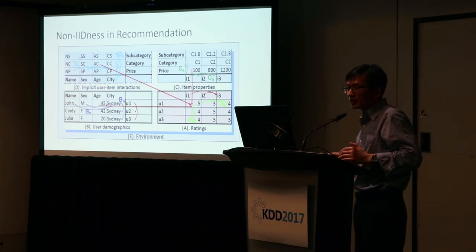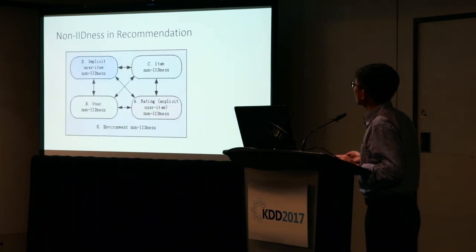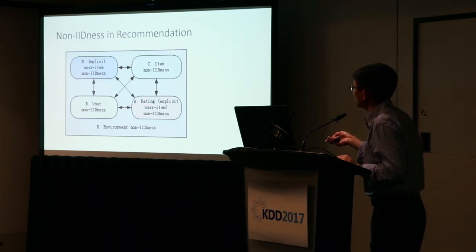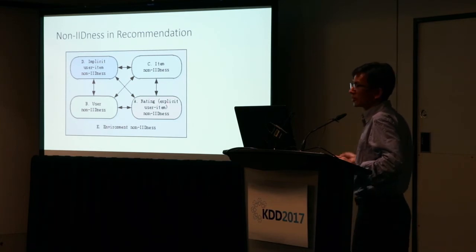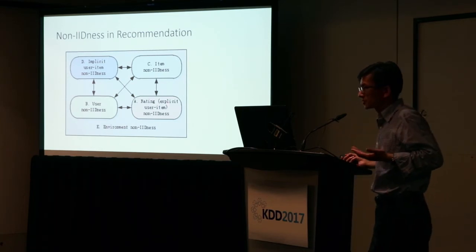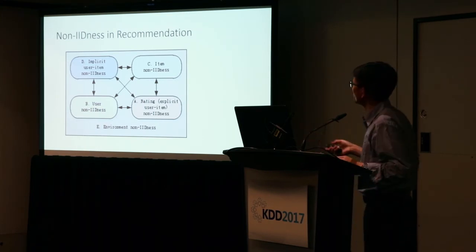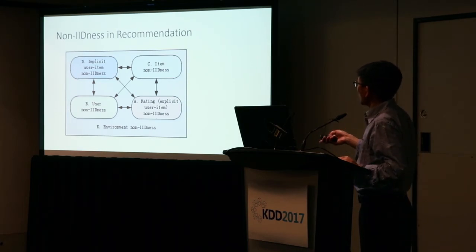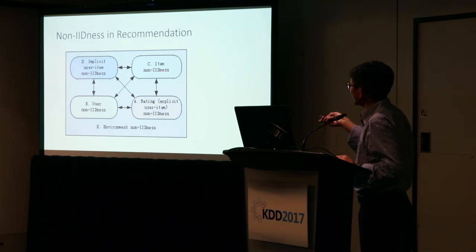Does that make sense? Certainly within a certain context, which means we have to learn this context as well. So that's something I call the non-IID, non-IIDness in recommender systems. If we summarize here, in this very simple rating table, there's non-IIDness there. That basically represents explicit user-item non-IIDness. But some people say, oh no, it's not just explicit, it's actually implicit, because I can use MF. MF is a way to represent this relation. And then there's user non-IIDness, which I think everyone agrees with now, and item non-IIDness as well, and this implicit user-item interaction.